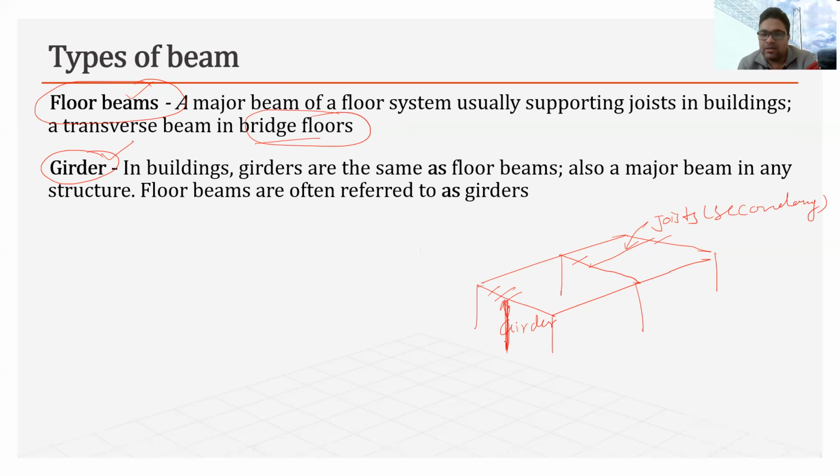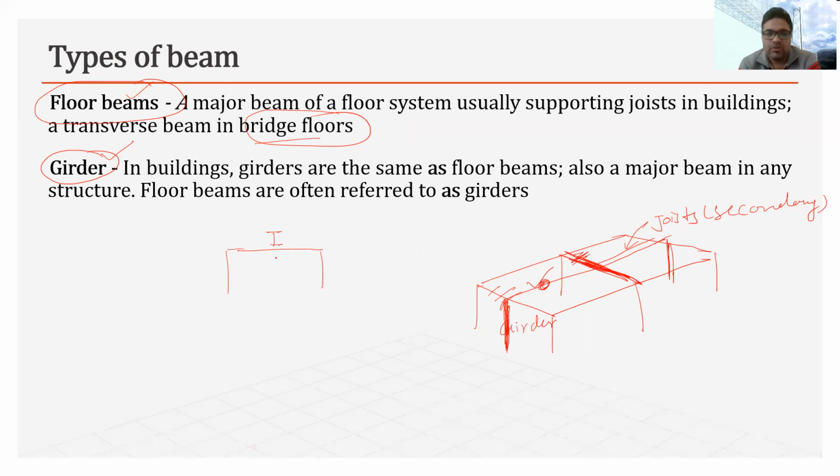Similarly, to support this beam and this beam and this beam, if we provide a column here and run a beam like this, this beam can be a secondary beam if it is supported on these beams. In that case, if I cut the section, this beam will look like this one, and it will be supported on this beam.